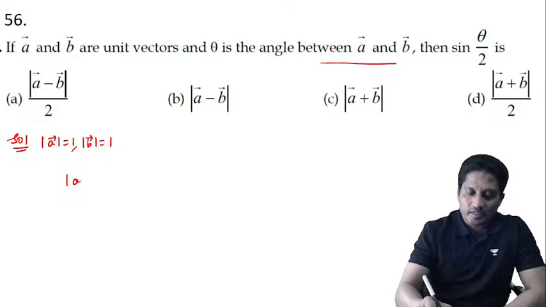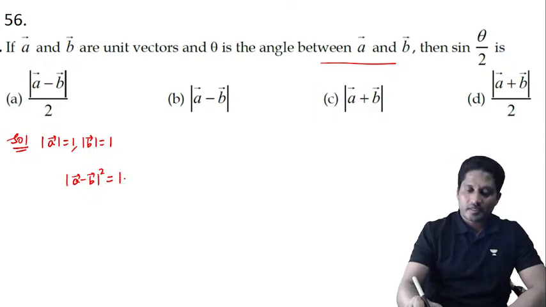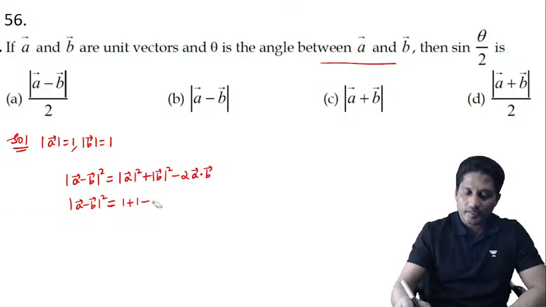Mod of A minus B the whole square is mod A square plus mod B square minus 2 times A dot B. Mod A is 1, mod B is 1. A dot B is mod A mod B into cos theta.